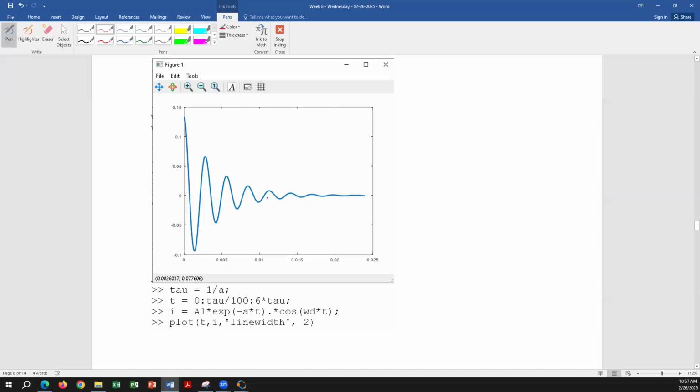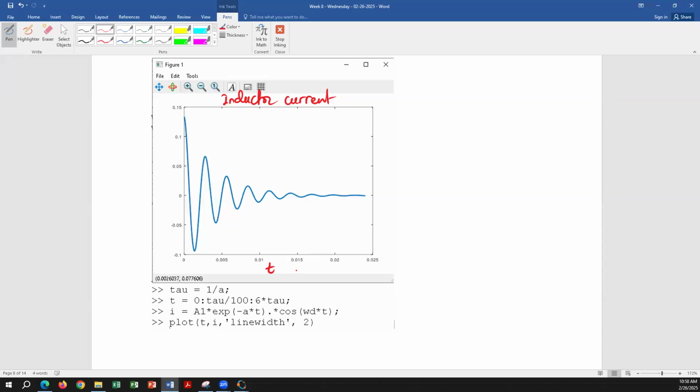So omega d represents the oscillation frequency. As you can see, I did not use the settling time, but just 6 time constants, and it's almost 0 by that time. Settling time will actually be smaller than that.